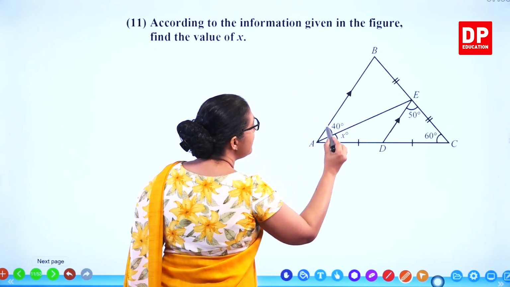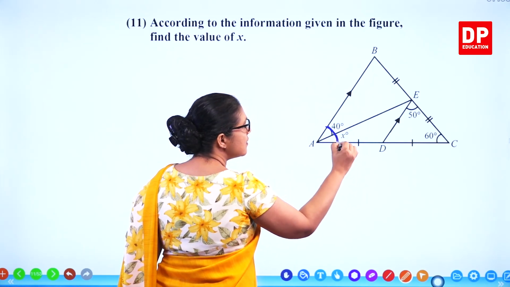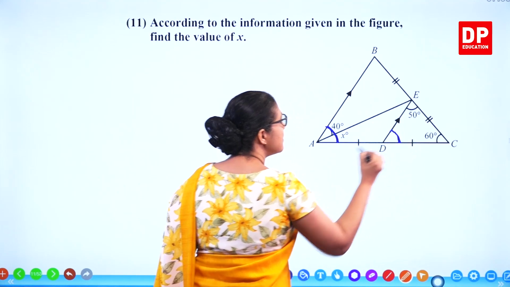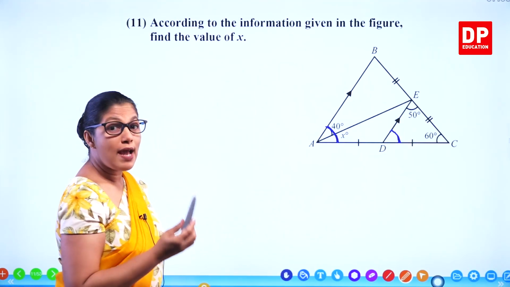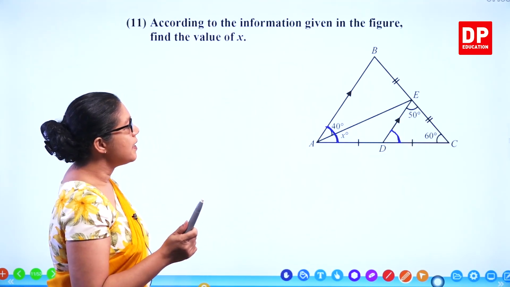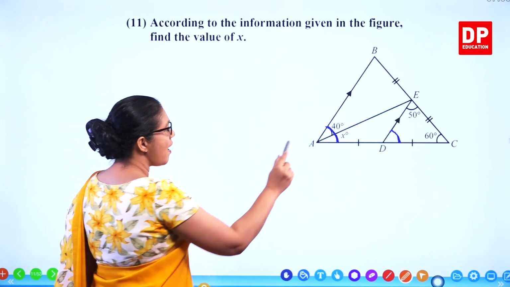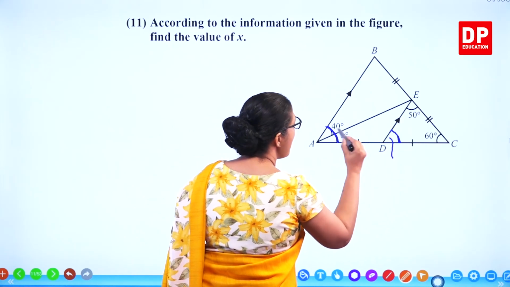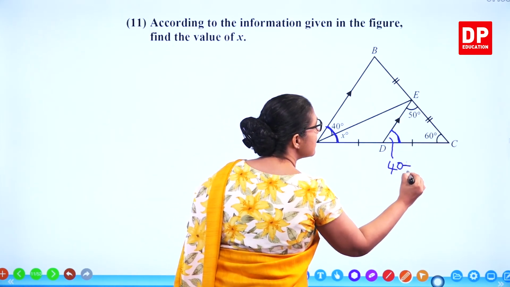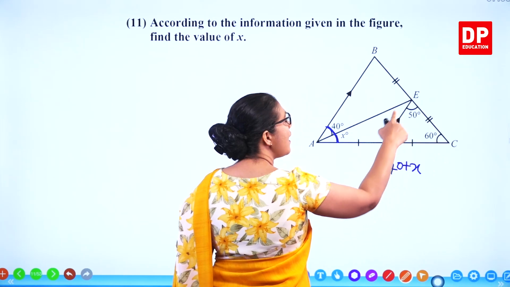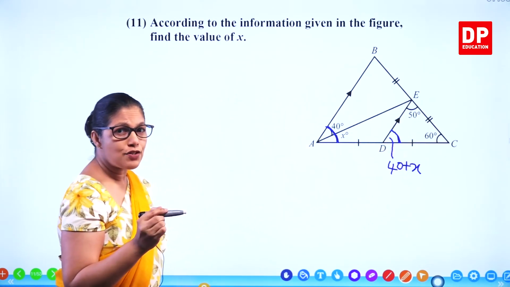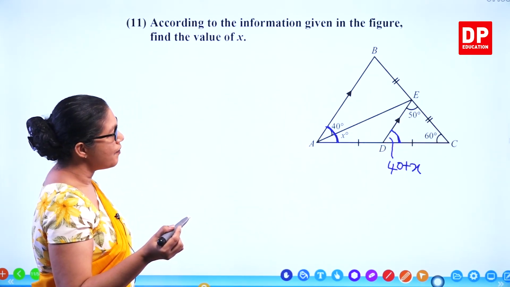Here, this angle and this angle: the two lines are parallel, so that means corresponding angles are equal. So you can write this angle is the same as 40 plus x.